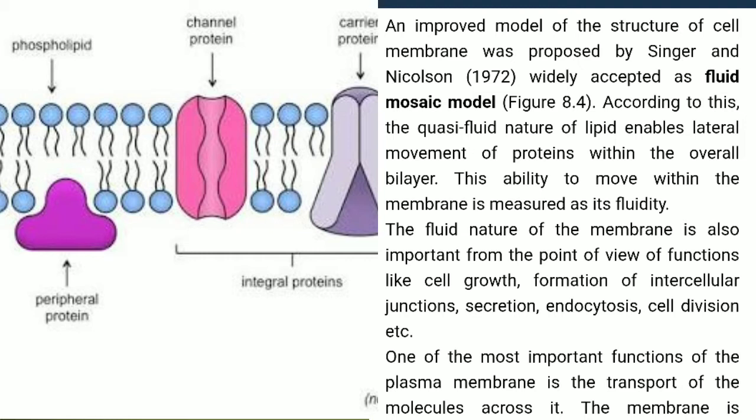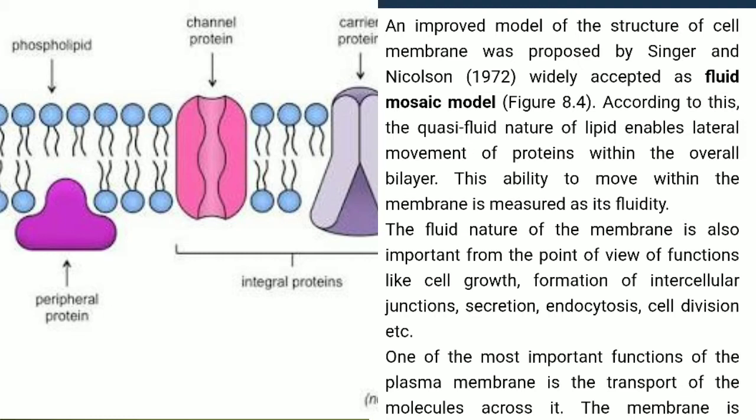According to this fluid mosaic model, the cell membrane consists of a highly viscous, that means fluid-like or jelly-like, matrix of a phospholipid bilayer, with the layers lying opposite to each other, and along with this bilayer there are globular proteins associated with them. These globular proteins are found in two types.